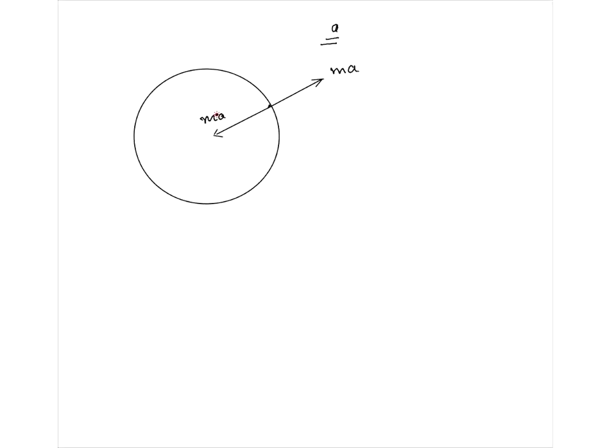It is always towards the center for uniform circular motion. So A is centripetal acceleration, MA is centripetal force, and that MA is centrifugal force. Centripetal force and centrifugal force cancel each other. What's wrong in this thinking? If anything is wrong at all?